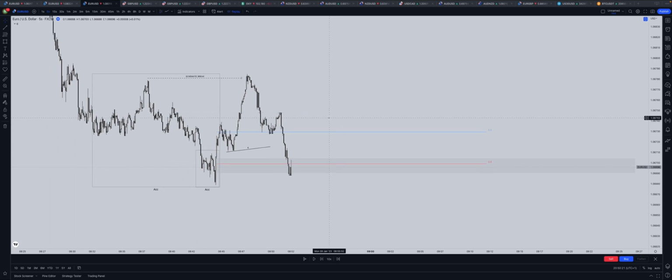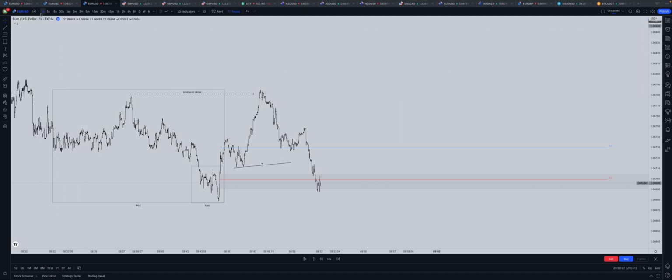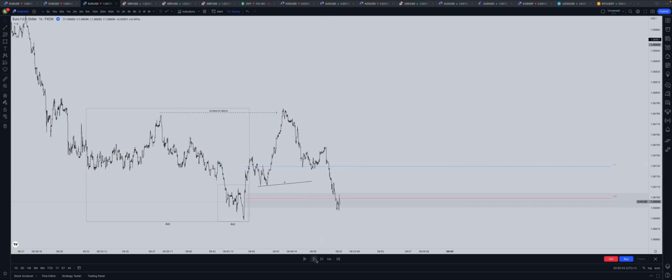So I was now looking for a change of character, and we can go to the 1 second. And yes, you can go to the 1 second. You have to be more focused sometimes because it goes really fast.